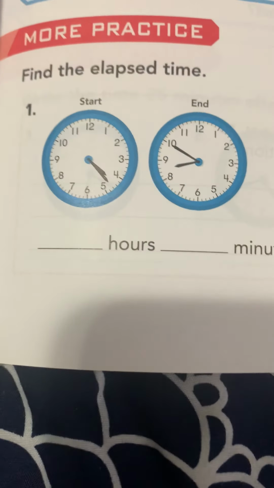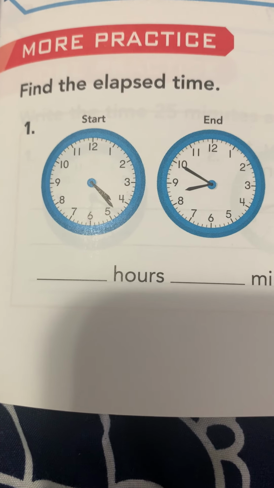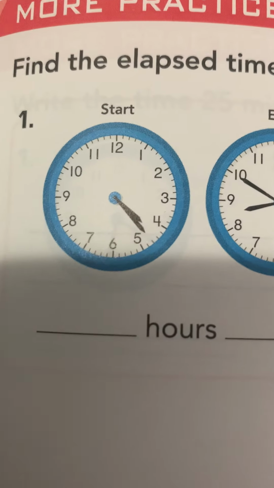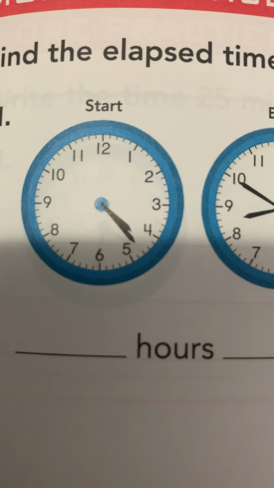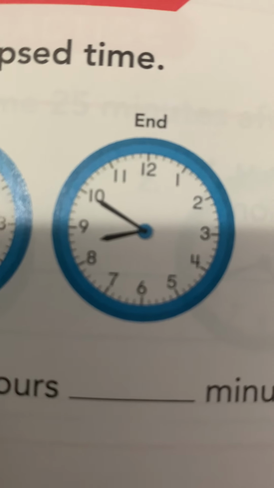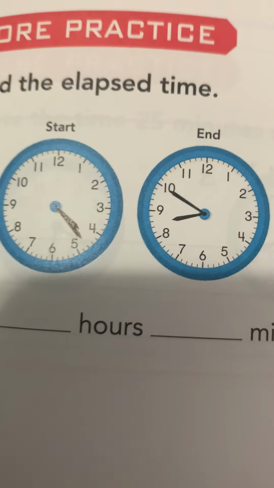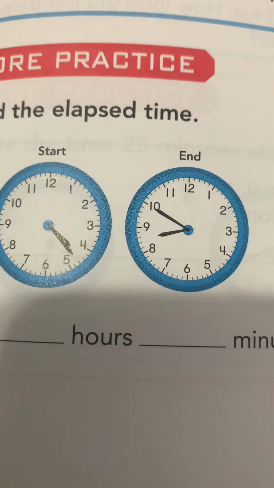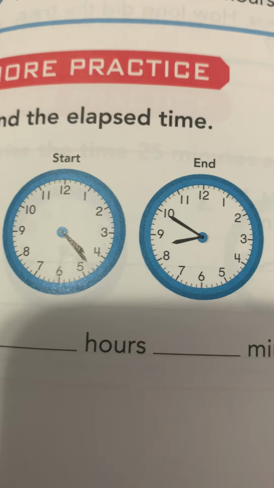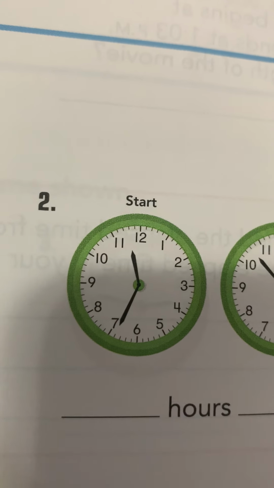I want you to try this one right here, number 1. Here's the start time. You have to look closely at the minutes. And here's the end time. You have to write down the elapsed time. Same with number 2.